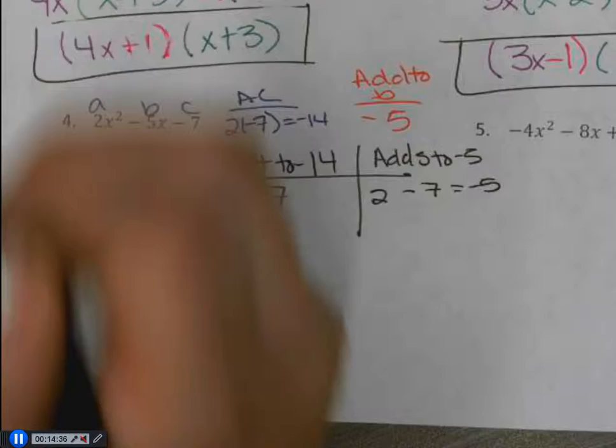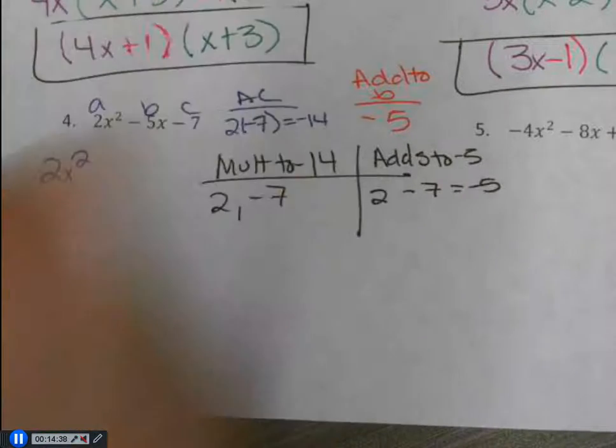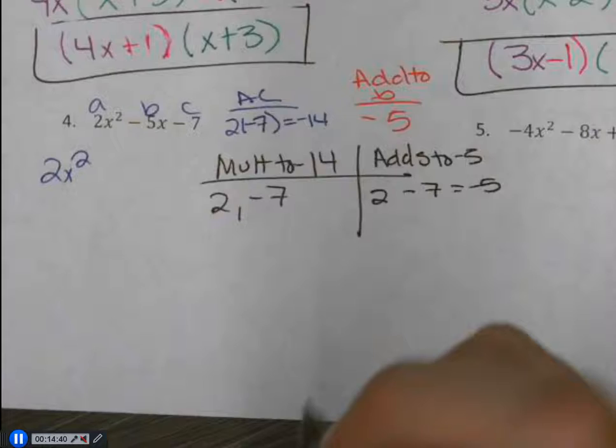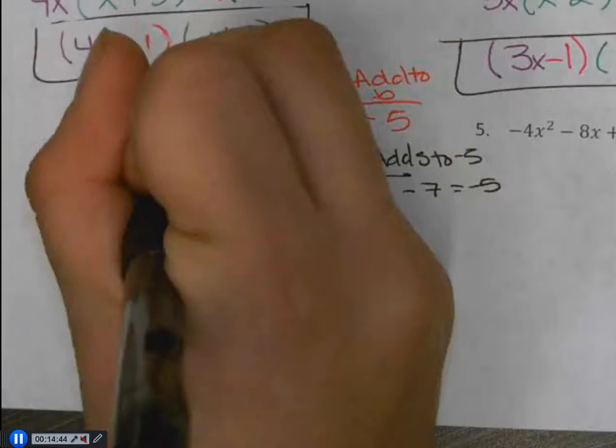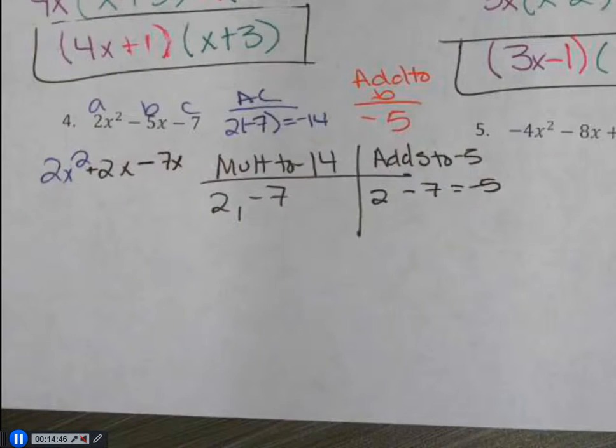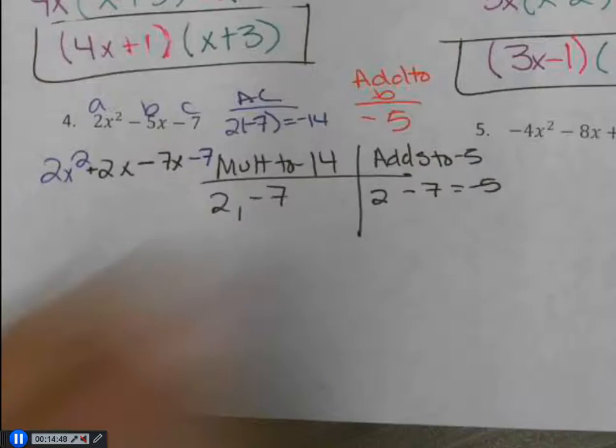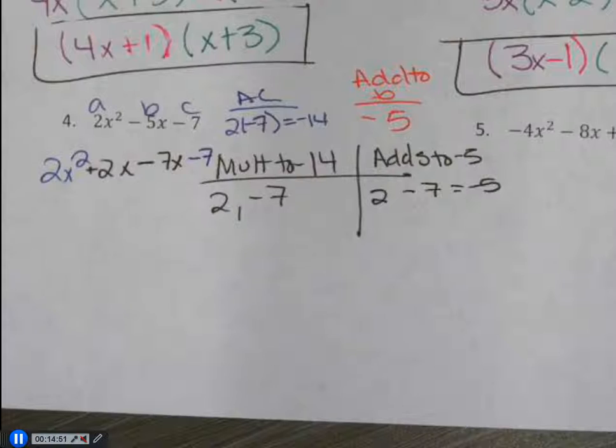Plug them in, so I'm going to have 2x squared, and then in the middle, I'm going to have 2x, oh, I forgot my sign, I can do that, minus 7x, and then minus 7 at the end. Okay, then I split it into 2 groups.